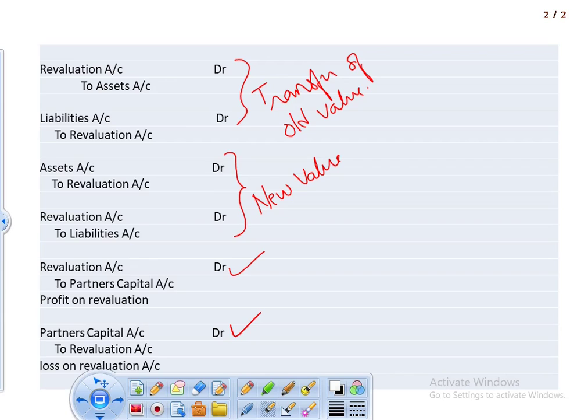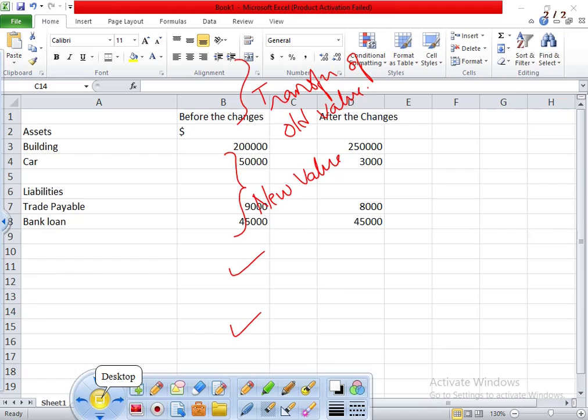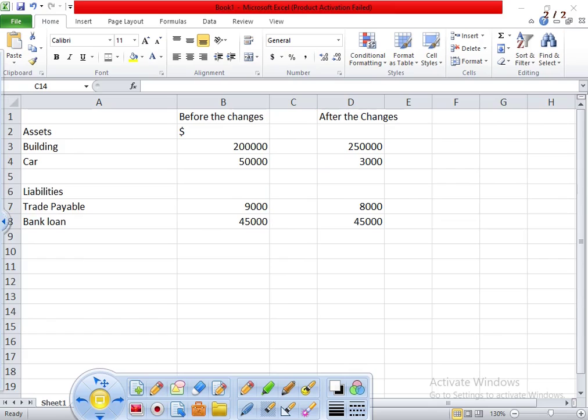Let's try to understand this with the help of an example. Let's say a partnership has assets and liabilities, and these are the figures before the changes and after the changes. Before the changes, the partnership assets are a building and a car, valued at 200,000 and 50,000, and its liabilities are trade payables and a bank loan, valued at 9,000 and 45,000.